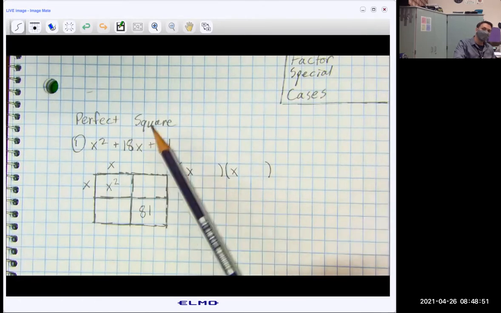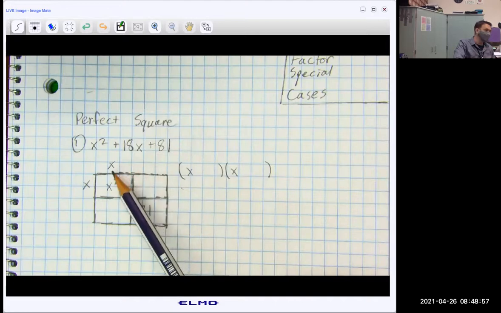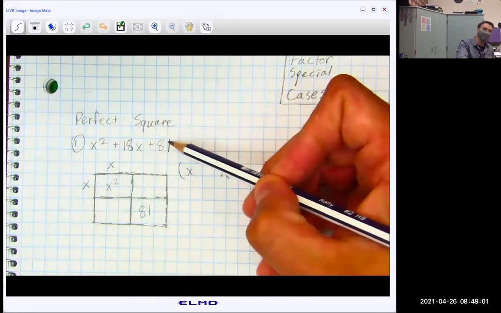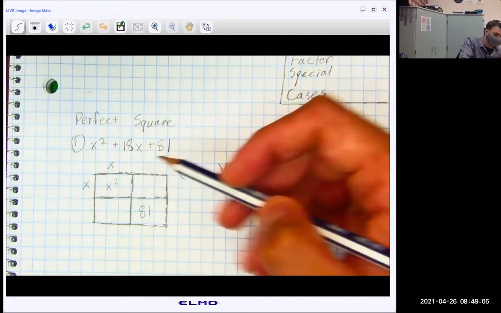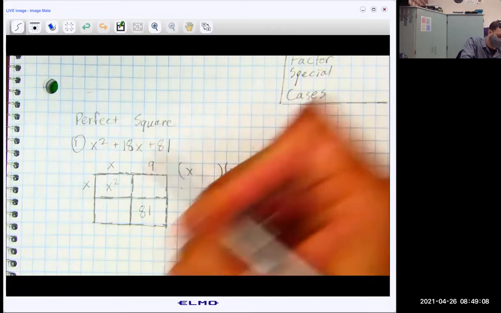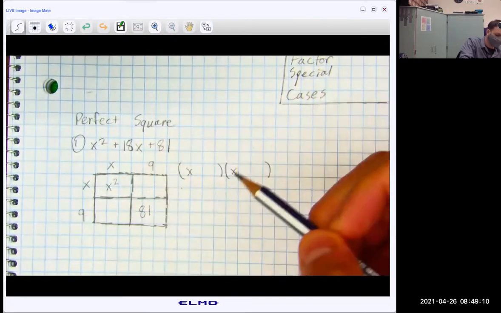And we know that we want to multiply to make 81, but add to make 18, right? So we're looking at the factors of 81 that add to make 18. Well, wait a minute, isn't that just 9? 9 times 9 makes 81, and it also adds to make 18.